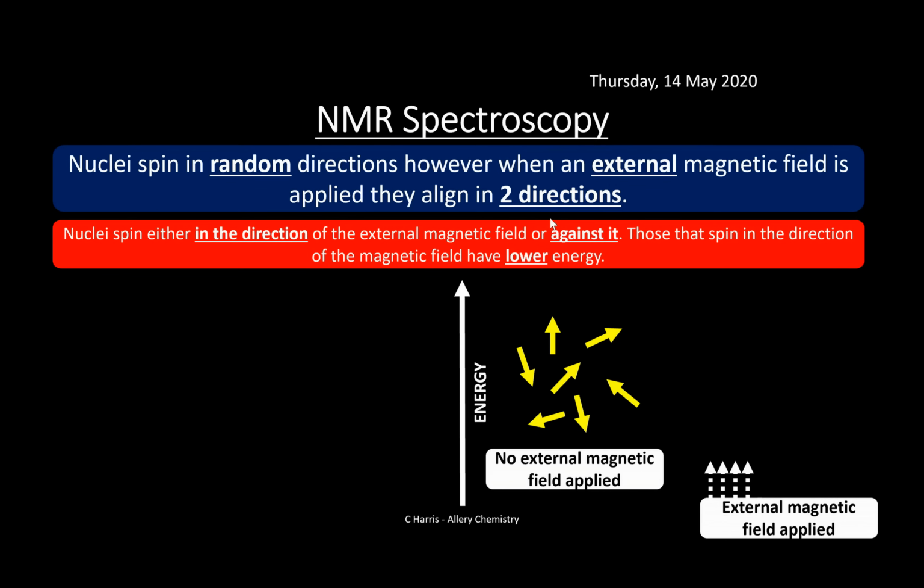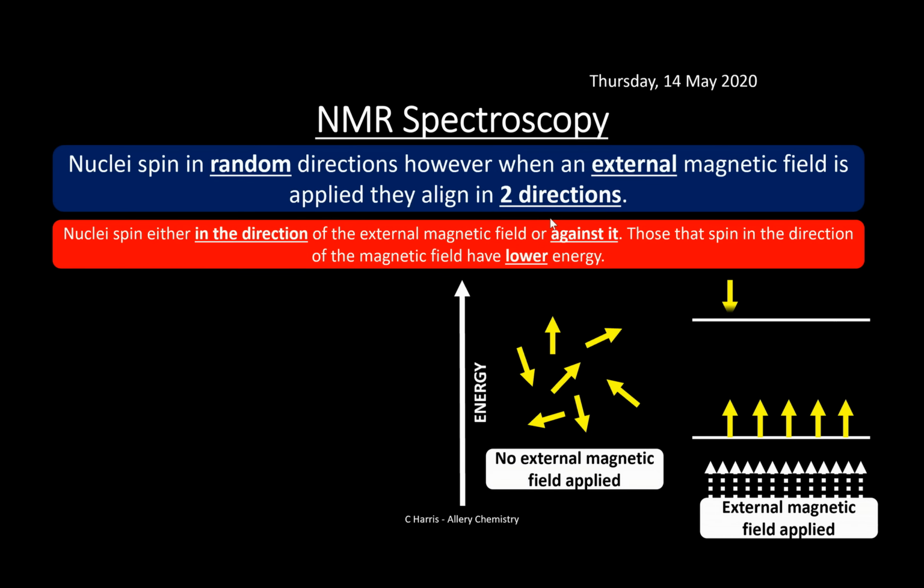So what we're going to do is apply an external magnetic field to these nucleons and see what happens. Remember, you've got some that will align with it and some that will align against it. And the ones aligning with it have a lower energy level than those aligned against it. Okay, that's obvious.